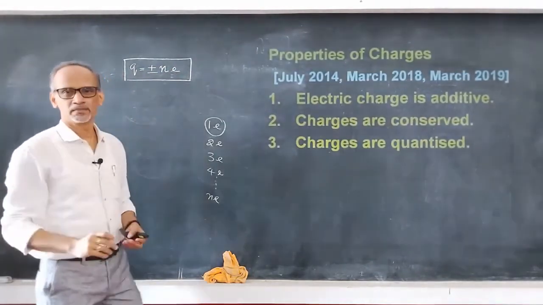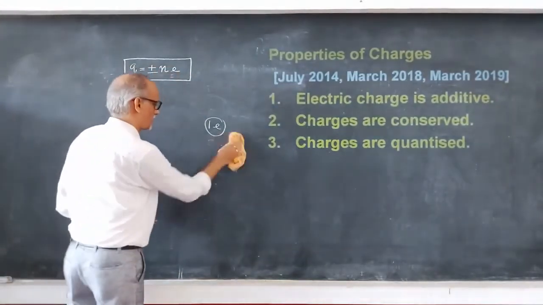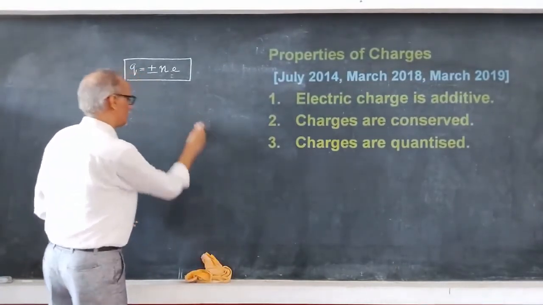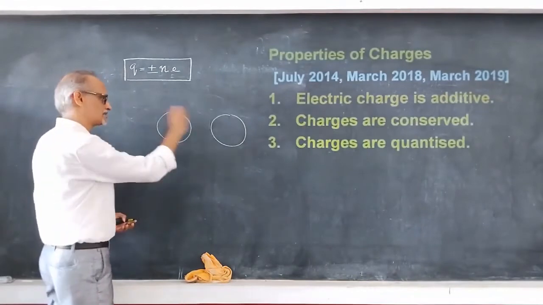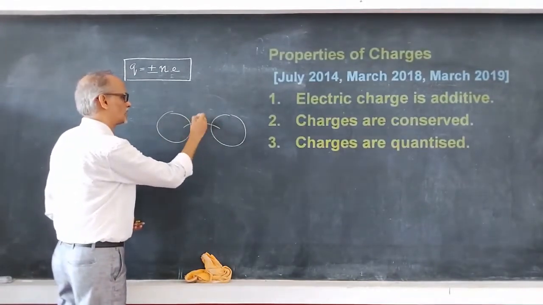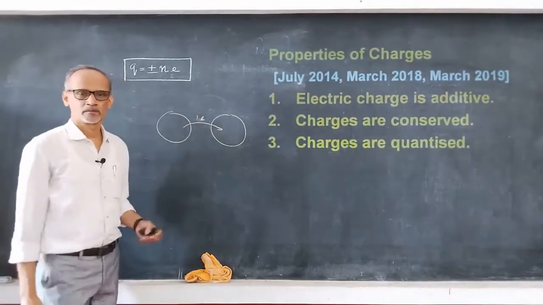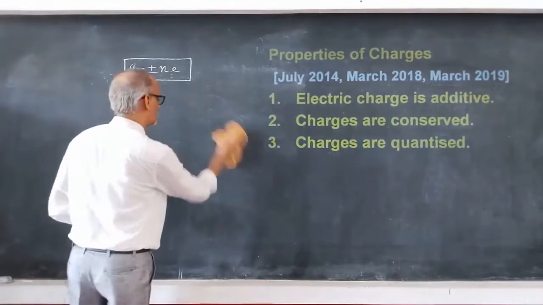Why do we write positive and negative? Because if I transfer, imagine, 1 electron from one body to another. Let me give this example.